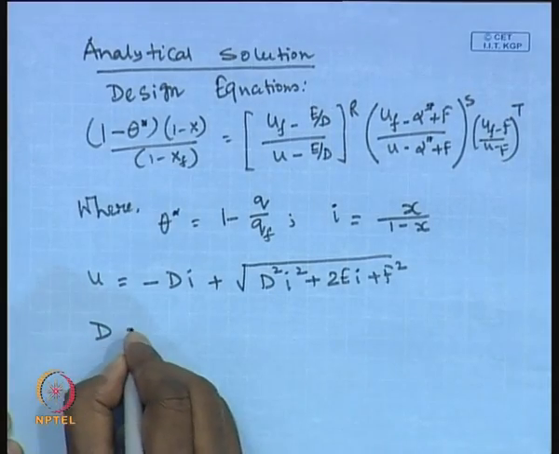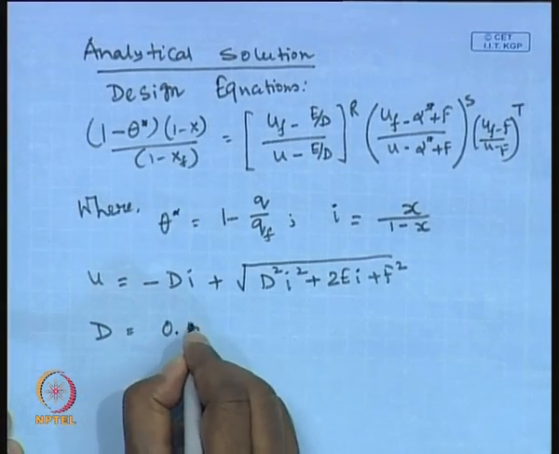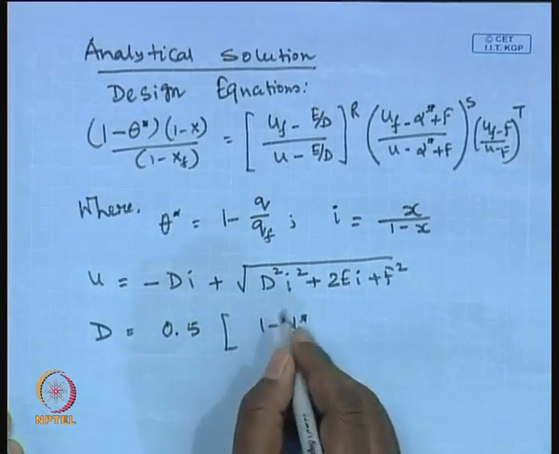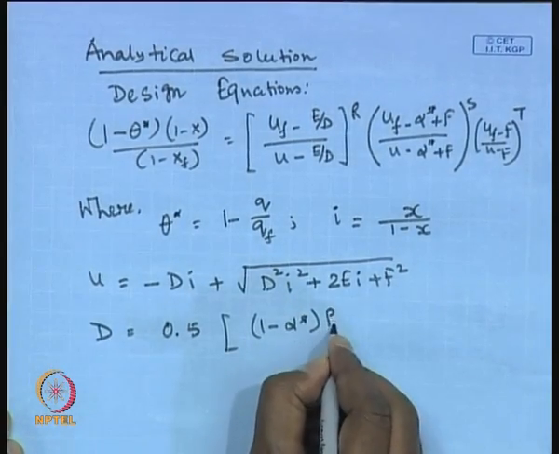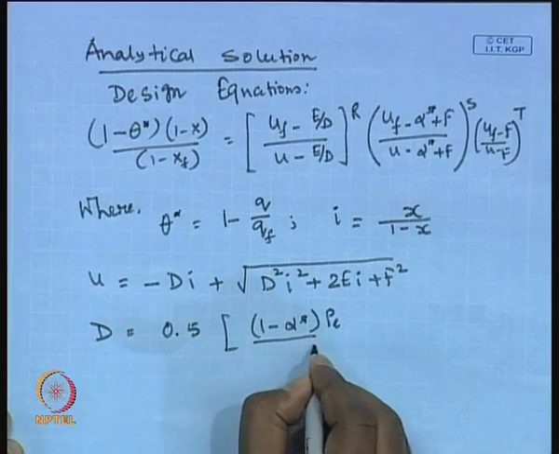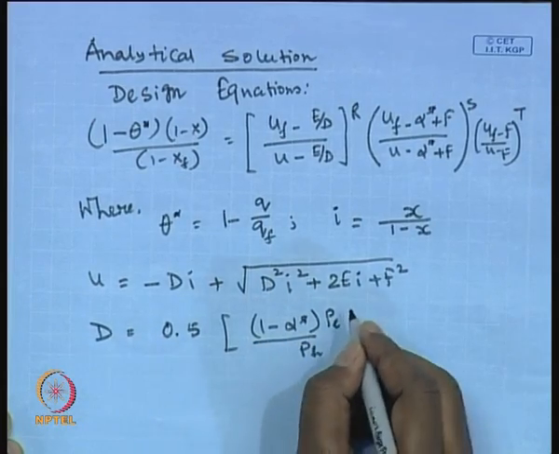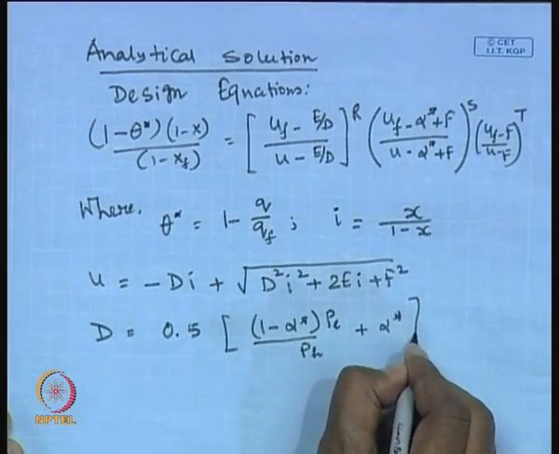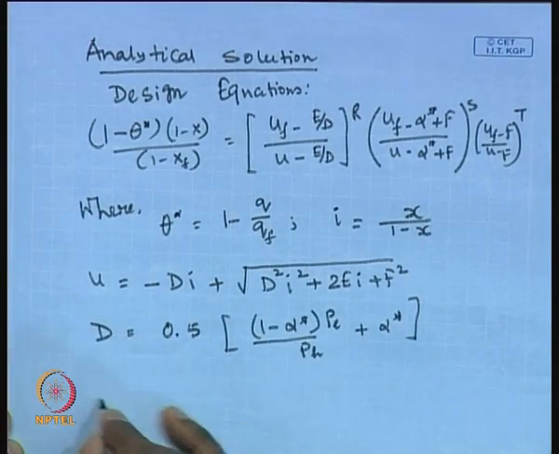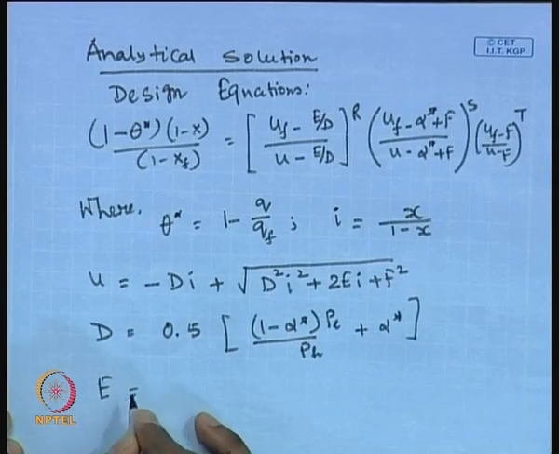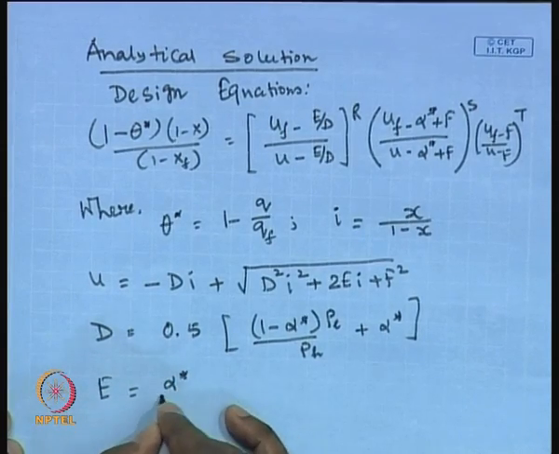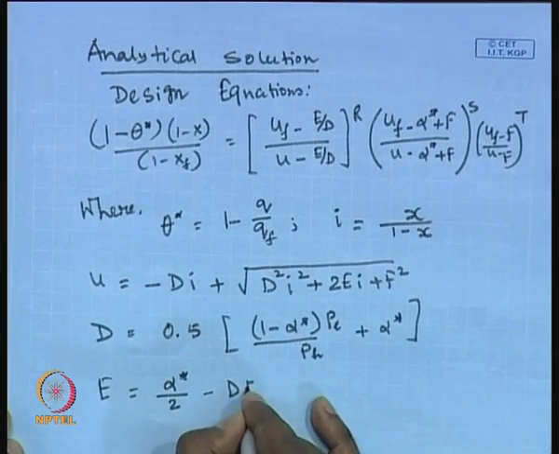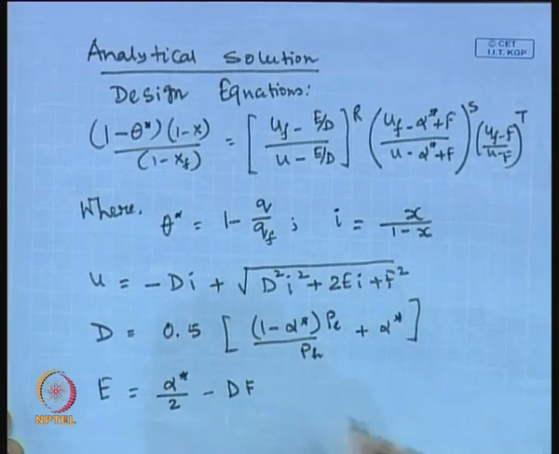And what is d? d is 0.5 times ((1 minus alpha star) times P_low divided by P_h plus alpha star), that is d. And what is E? E is alpha star by 2 minus d times f. And what is f?